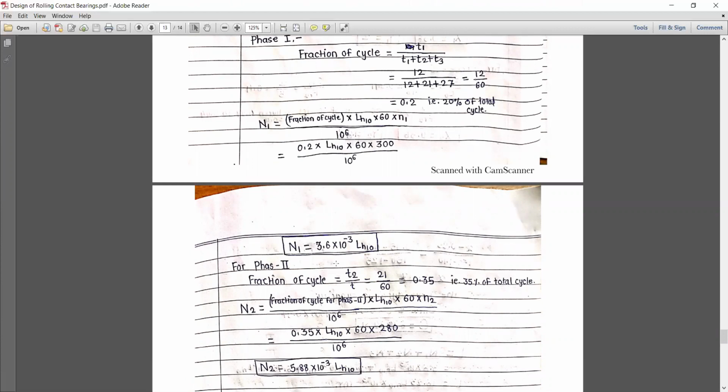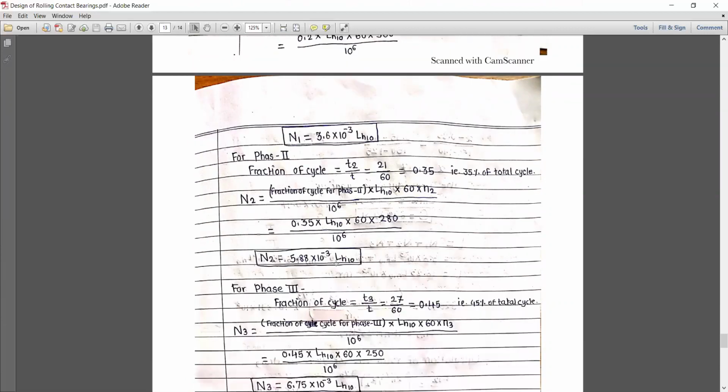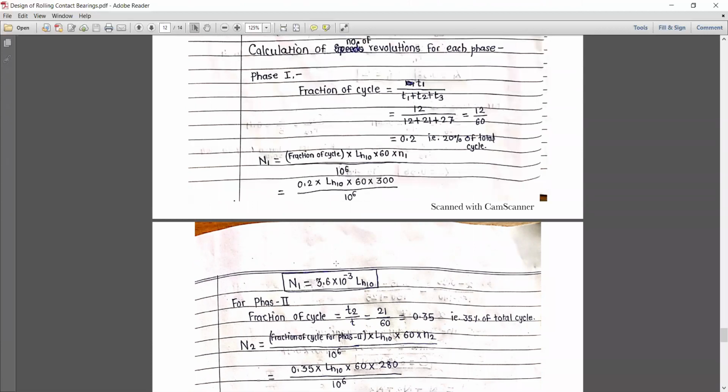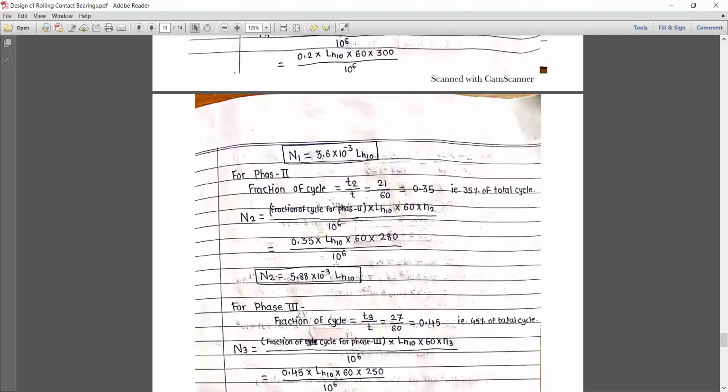The fraction of cycle is 12 by 60, that is 20% of the total cycle. So 0.2 multiplied by LH10 into 60 into 300 divided by 10 raised to 6. So the value of n1, or the life in the form of revolutions for phase number 1, is 3.6 into 10 raised to minus 3 LH10. We have calculated all the values of n in the form of LH10.